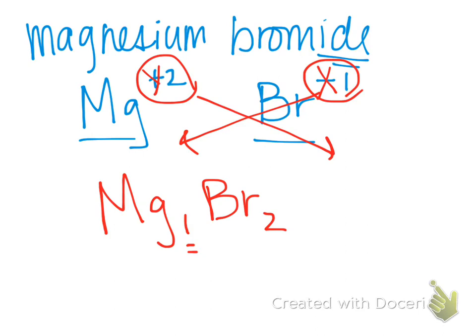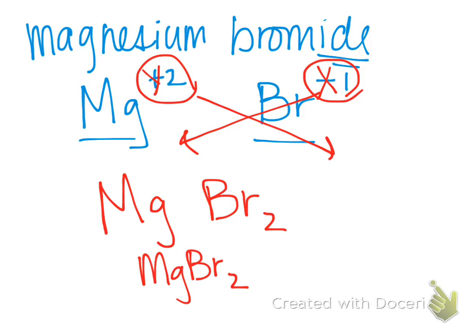Except we don't include this 1 subscript. We leave it out. Now let's take a look at the overall big picture of what we just did. This formula now, MgBr2, should be neutral overall.